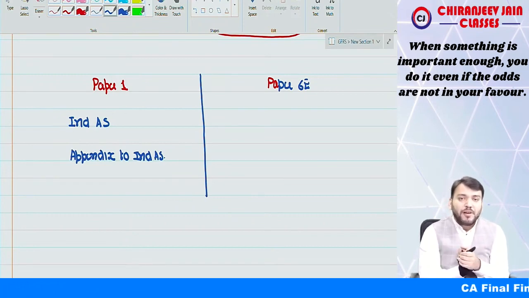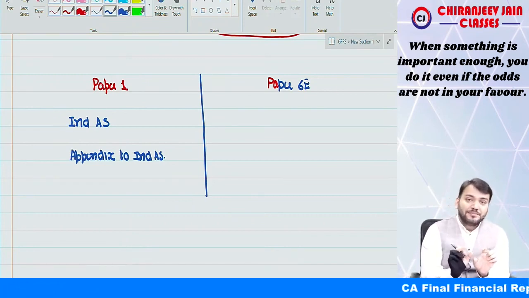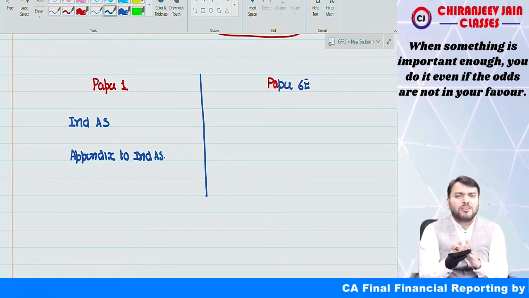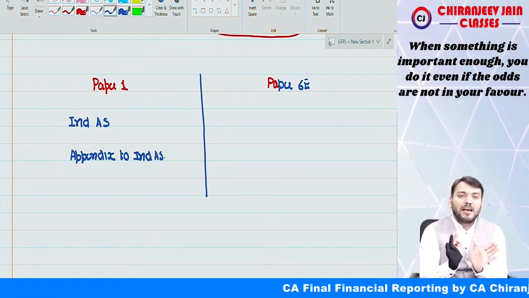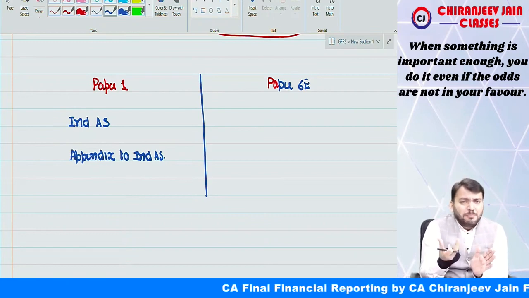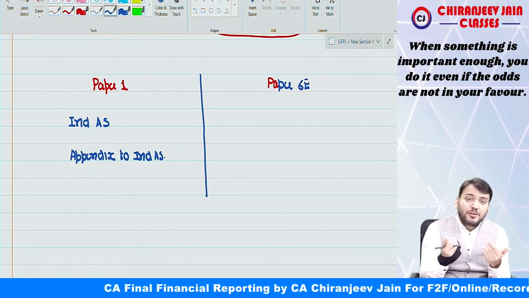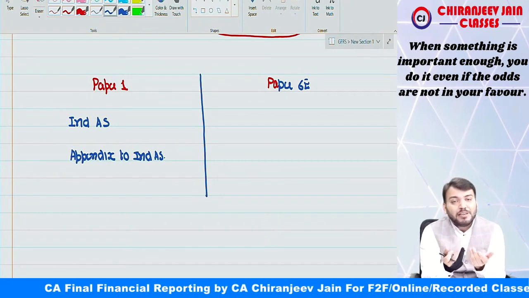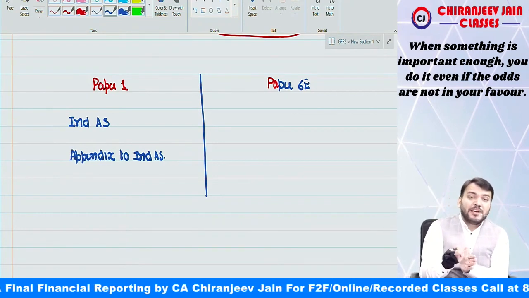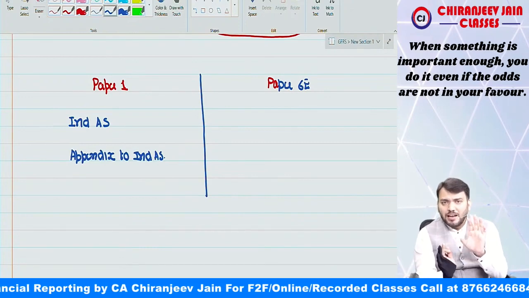So it might happen your faculty has not done that appendix in the FR paper because it is not relevant from the examination point of view, or it was a very basic appendix. Your faculty may have given the concept behind that without referring to the appendix. Are you able to understand?